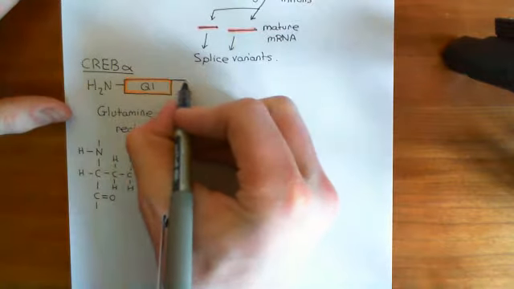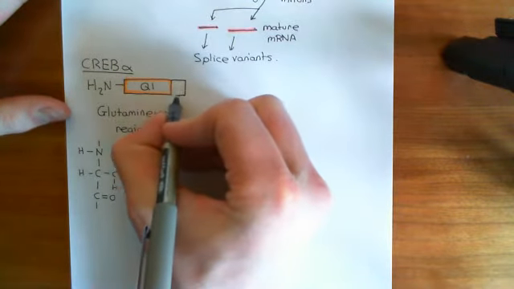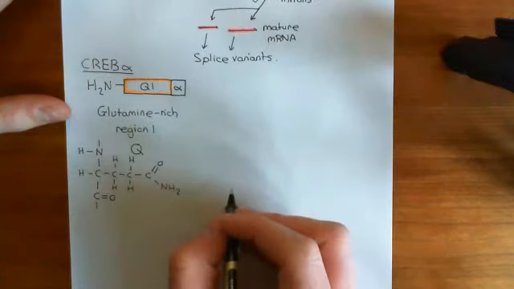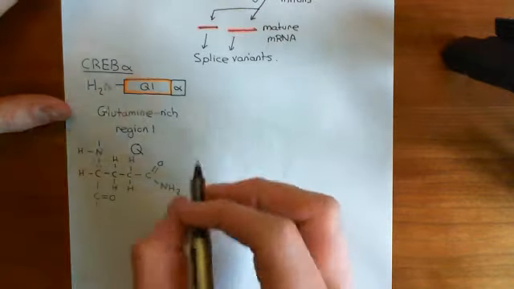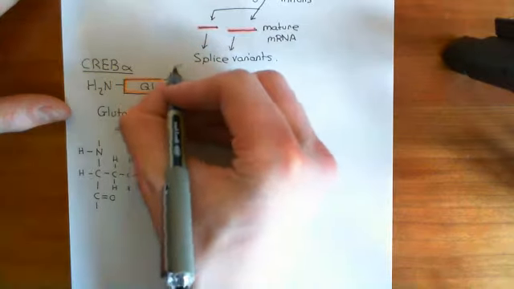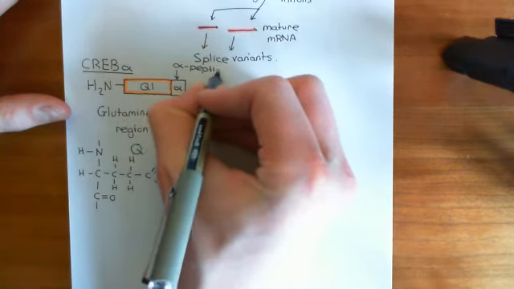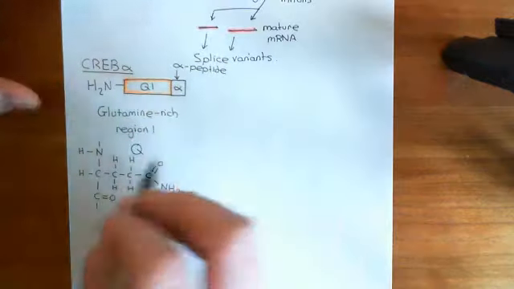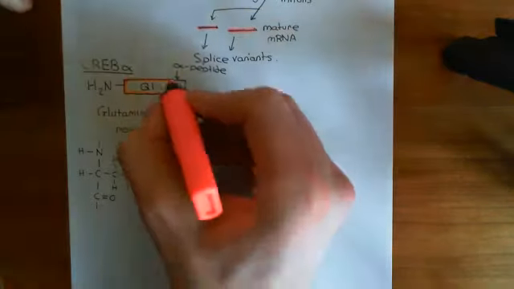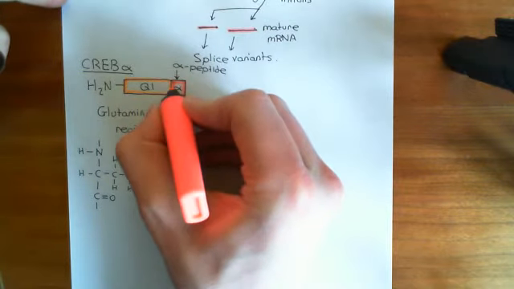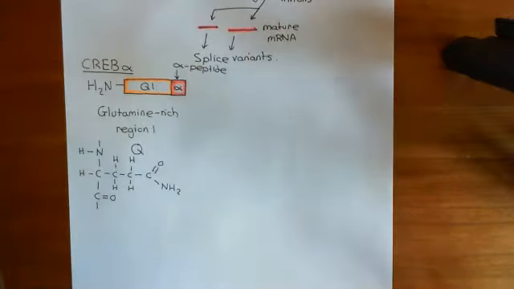Okay, then you have the region that is deleted in Reb delta, so this certainly isn't essential for Reb alpha function. And this is known as the alpha peptide here. So remember, Reb alpha contains all 11 exons, it's the full protein. In Reb delta, you've deleted one of the exons, and that deletion of the exon results in the removal of this alpha peptide.